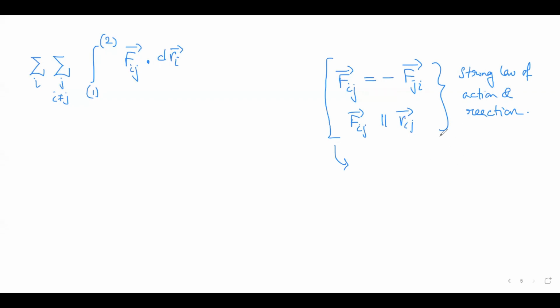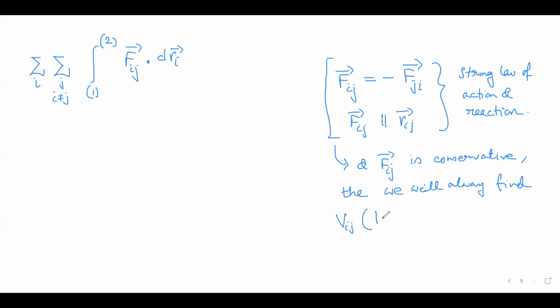If Fij satisfies the strong law of action and reaction, and Fij is conservative, then we will always find a potential, which we call Vij, that depends only on the magnitude of the distance between the two particles, that is, the magnitude of Ri minus Rj.